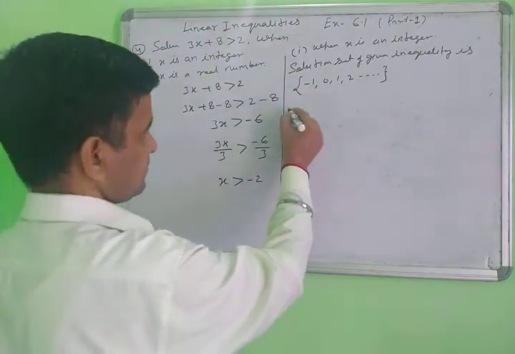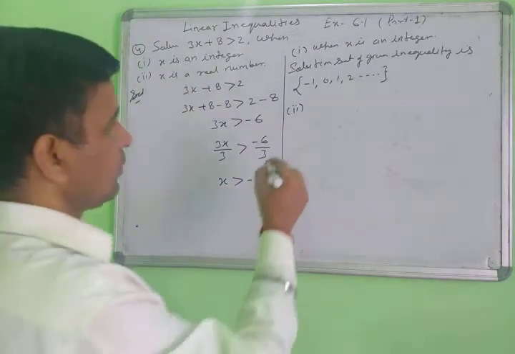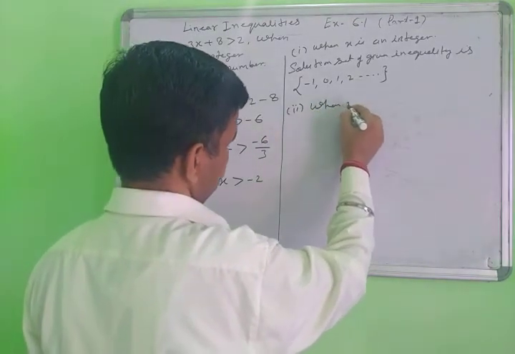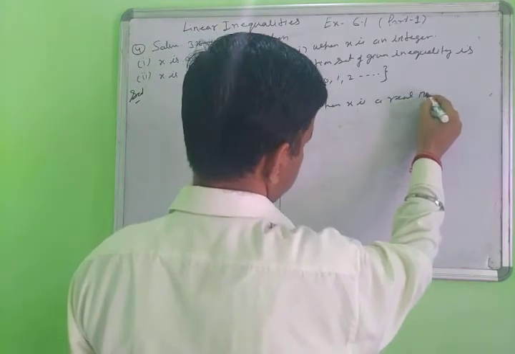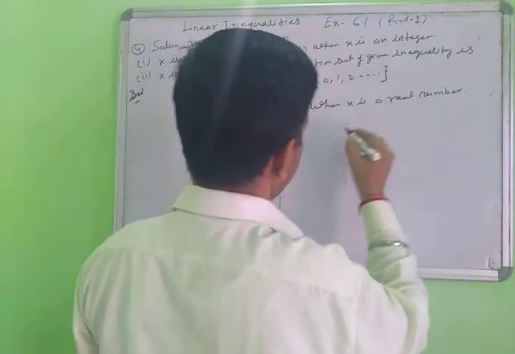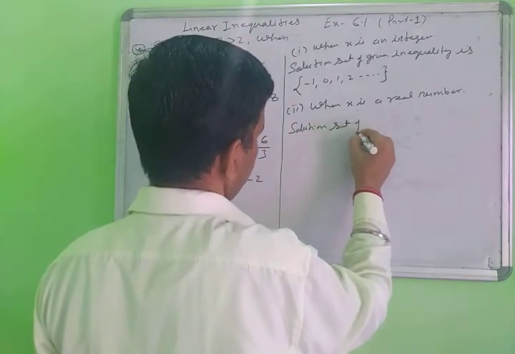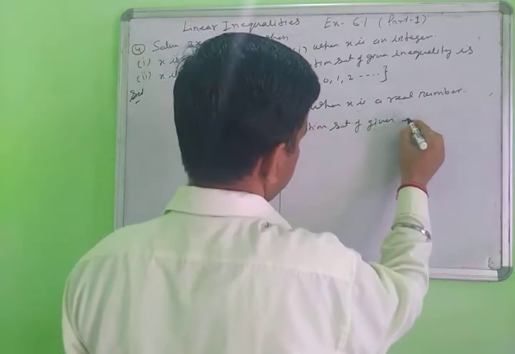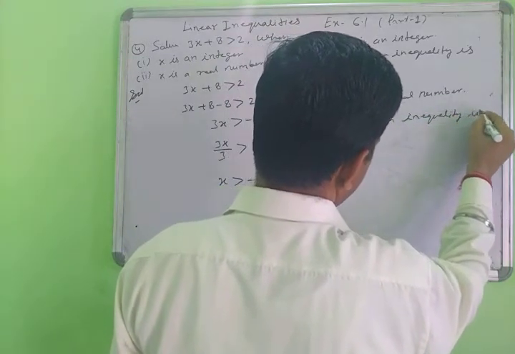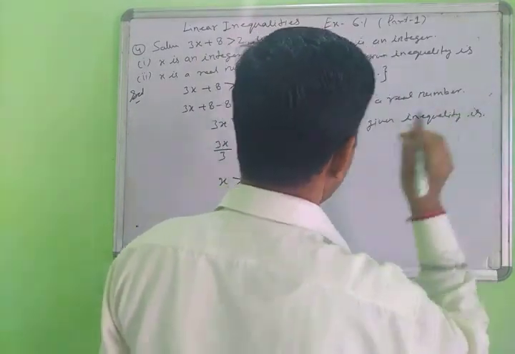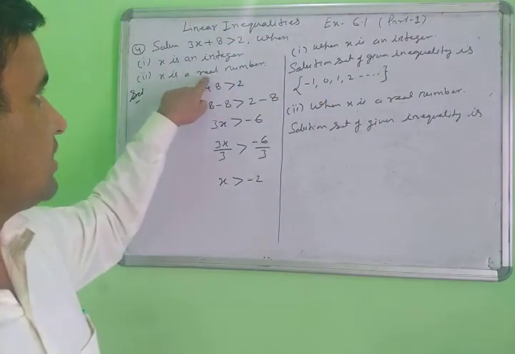Second part, when x is a real number, then the solution set of the given inequality is what? Here in the second part, write the real numbers.